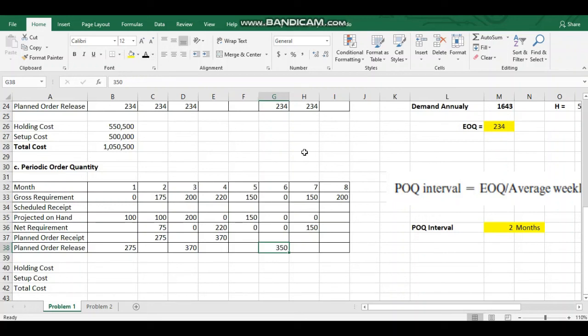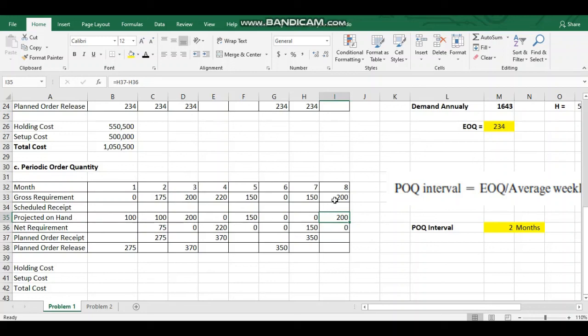Here it's received, and 150 units of it will be used to fulfill the requirement at the 7th month, and the remaining 200 units will be carried to the next month, at this column.